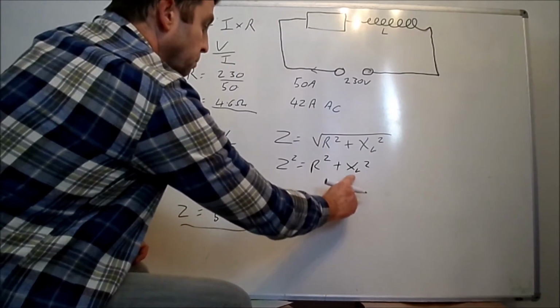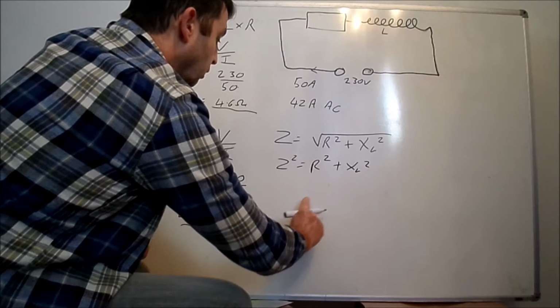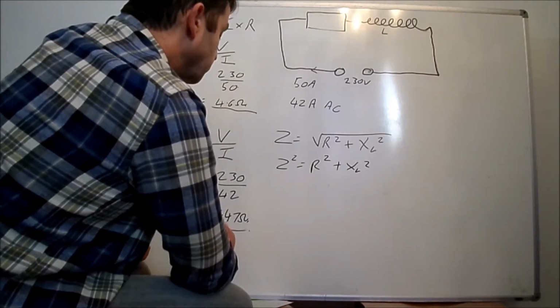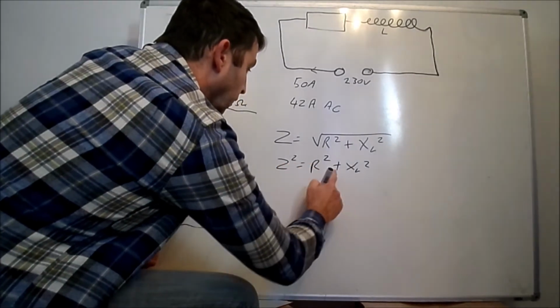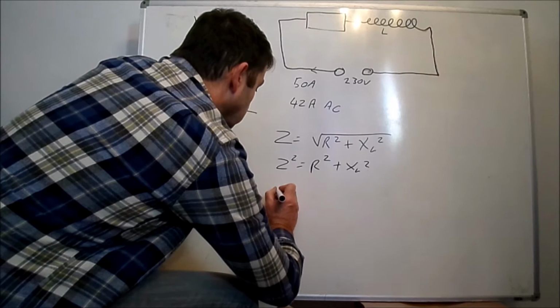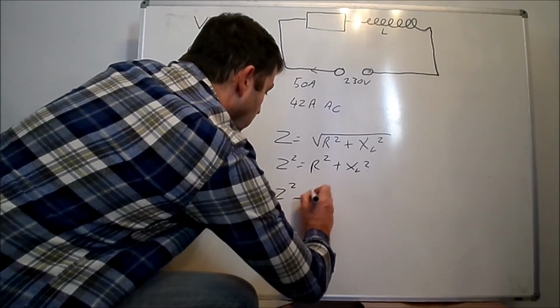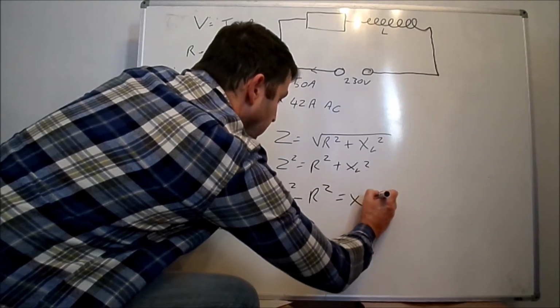So we're looking for this part of the equation, so we want to move the R squared over to the other side. It's plus R squared, so we do the opposite when we take it over the equal side. We can now say that Z squared minus R squared is equal to XL squared.